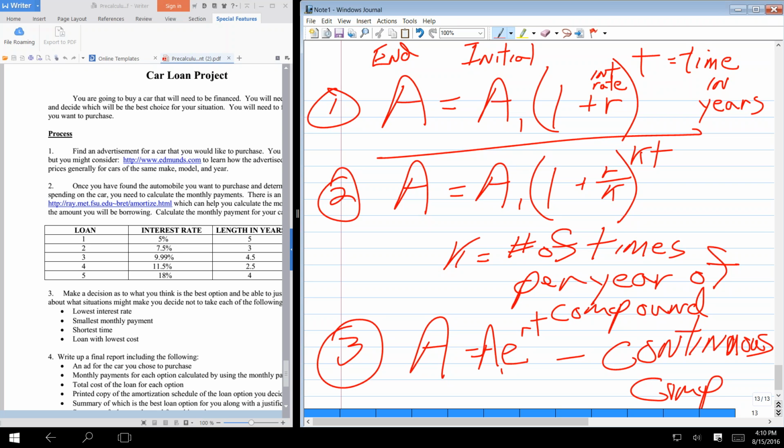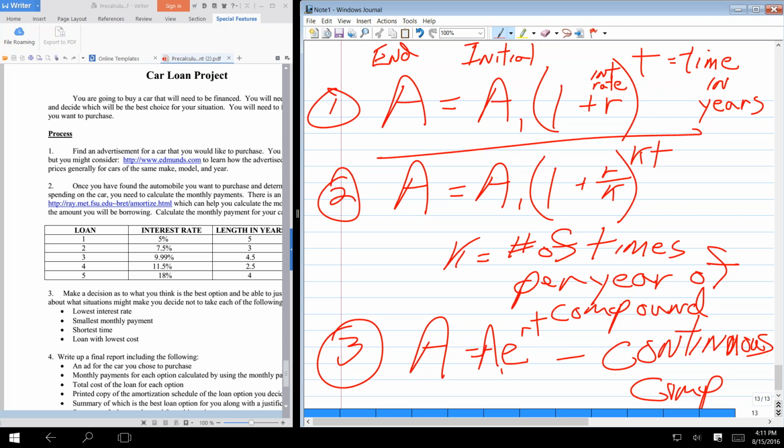By that I mean every second your bank account is earning that interest rate based on what it's at that particular second. Or another way to look at it, I could say K is approaching infinity. Because if you're compounding continuously, you're compounding an infinite number of times per year.